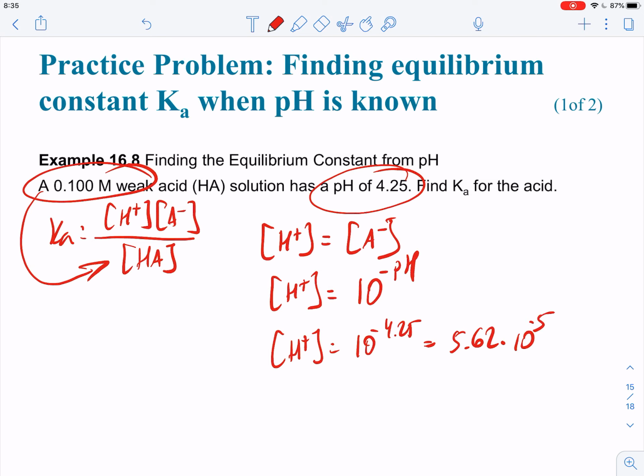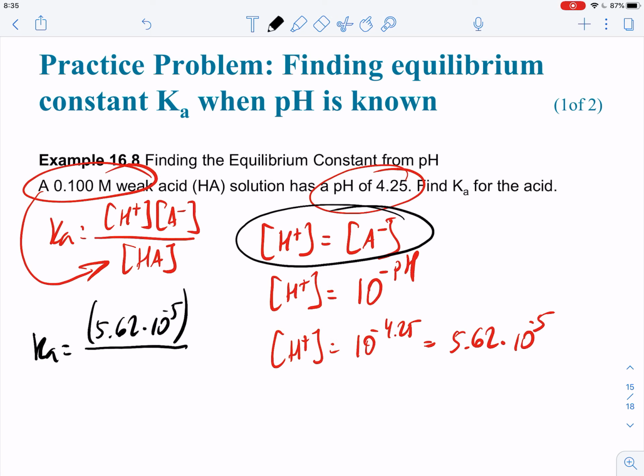Okay, that means that Ka is going to be equal, because these two concentrations are equal, to 5.62 times 10 to the negative 5 squared divided by 0.1. If you subtract 5.62 times 10 to the negative 5 from 0.1, you basically are going to obtain 0.1. So Ka here is 3.16 times 10 to the negative 8.